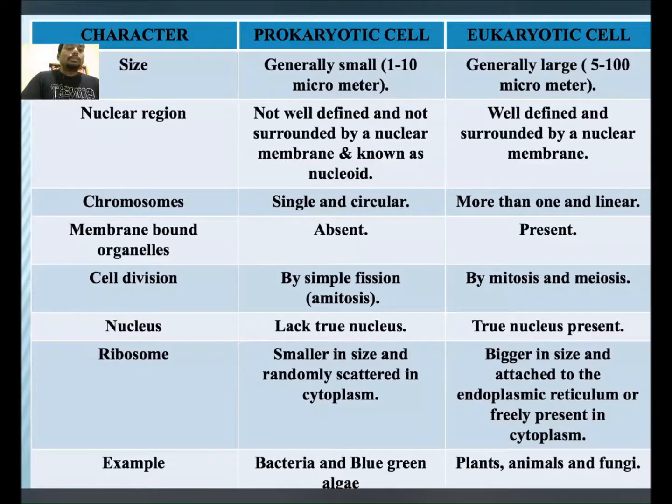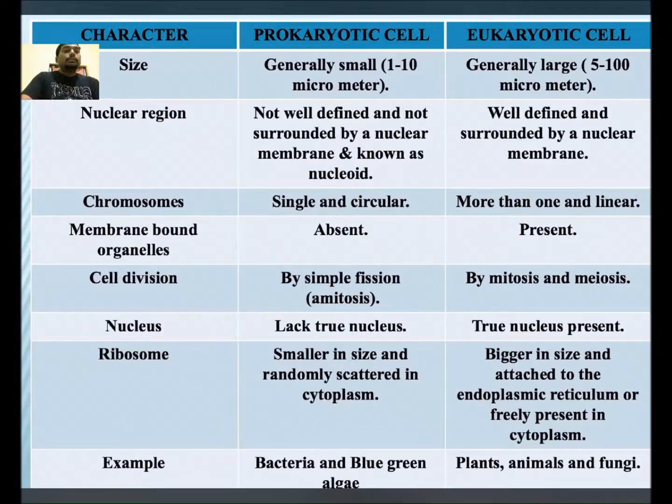Ribosomes in prokaryotes are smaller in size and randomly scattered in the cytoplasm, but in eukaryotic cells they are bigger in size and attached to the endoplasmic reticulum. Endoplasmic reticulum is one of the cell organelles in the cytoplasm.